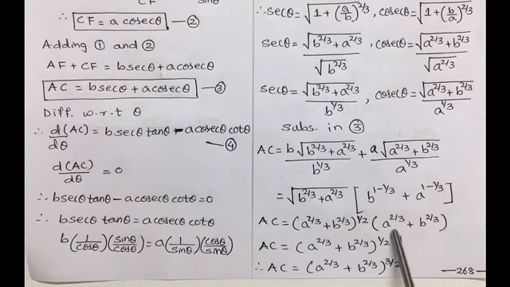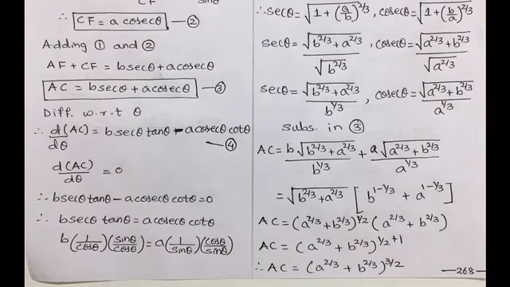That gives us A raised to 2 by 3 and B raised to 2 by 3. Root is expressed as half, and half plus 1, adding the power as the base are same, gives us 3 by 2. So the length of hypotenuse is minimum, and we have proved that the length is equal to A raised to 2 by 3 plus B raised to 2 by 3 raised to the power 3 by 2.